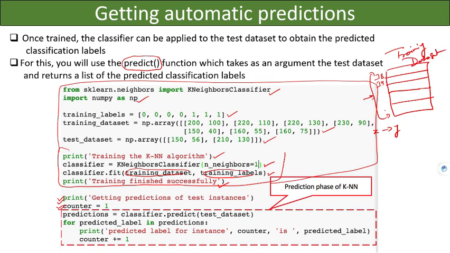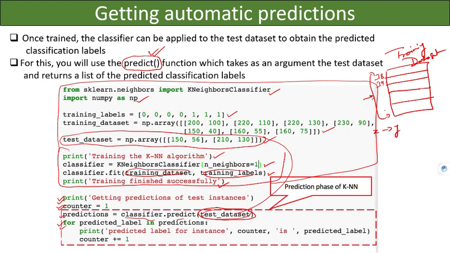So for prediction, I'm going to use the predict function. I already said: prediction is equal to classifier.predict, for which data set? For the test data set. And how many instances do I have? My test data set is specified here, using this line. Test prediction is equal to classifier.predict(test_dataset), and it will keep on running as long as there is any instance present in this data set.